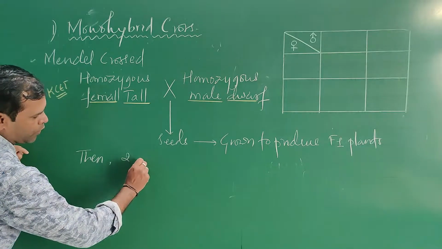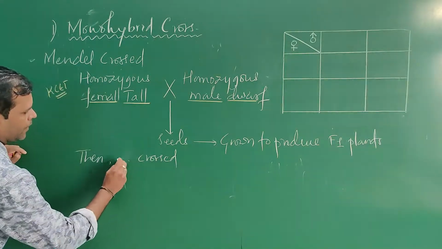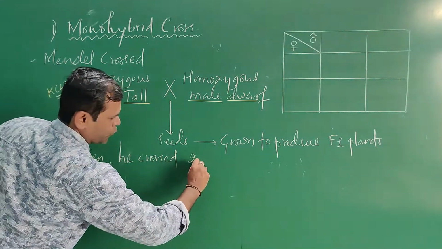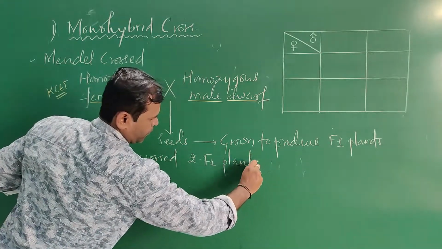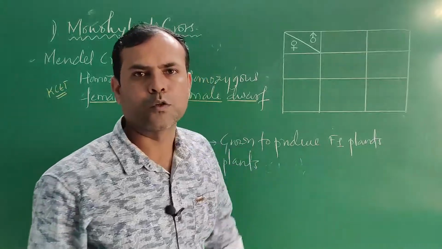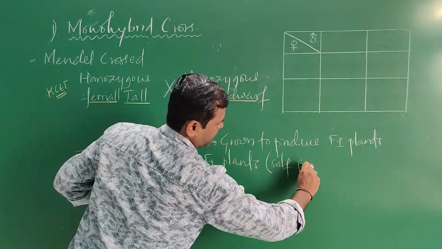Then he crossed two F1 plants, so it is self-pollination.